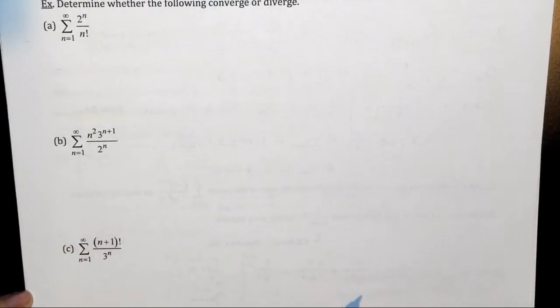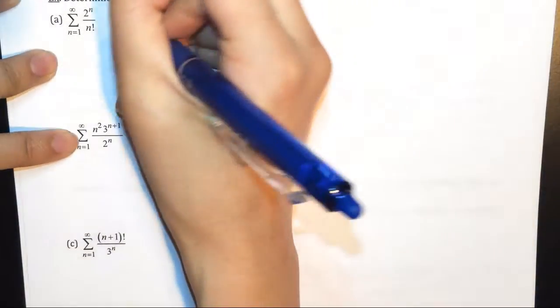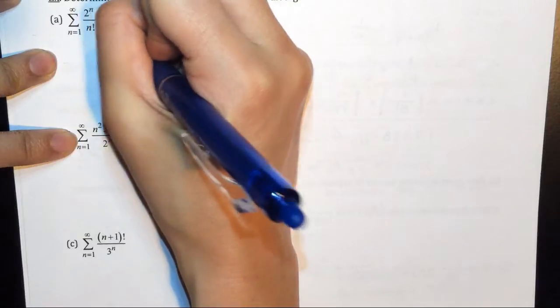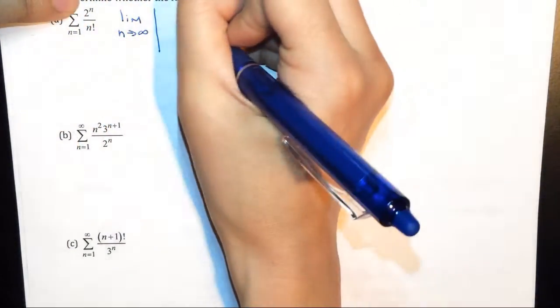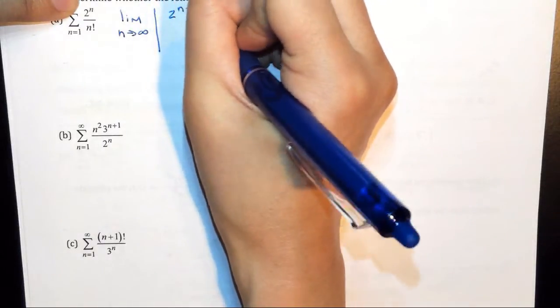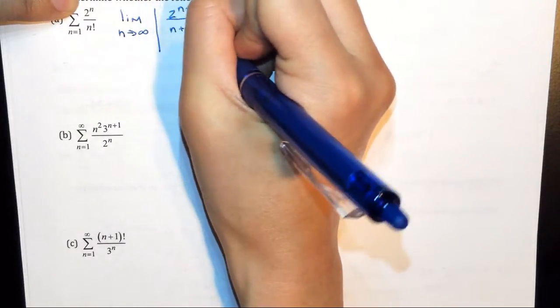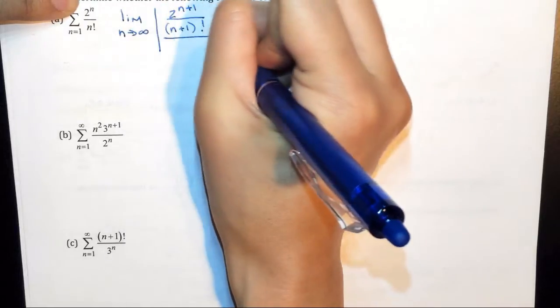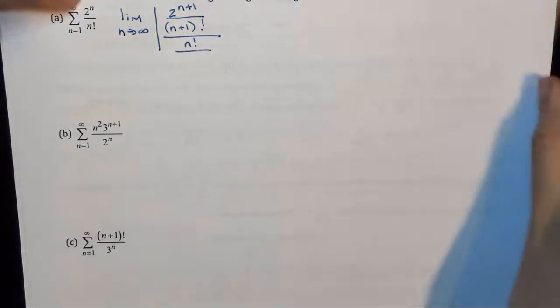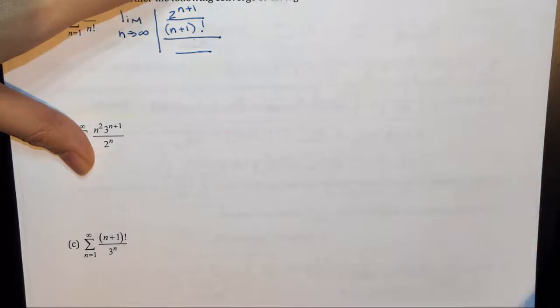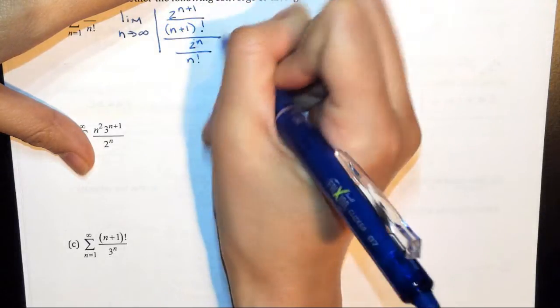All right, let's do some examples. Let's evaluate the limit as n goes to infinity of the next term in the sequence, which is 2 to the n plus 1 over n plus 1 factorial, divided by 2 to the n over n factorial.